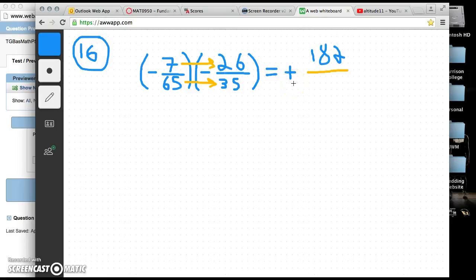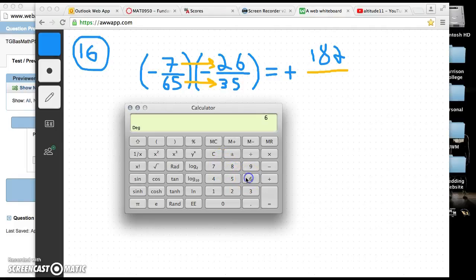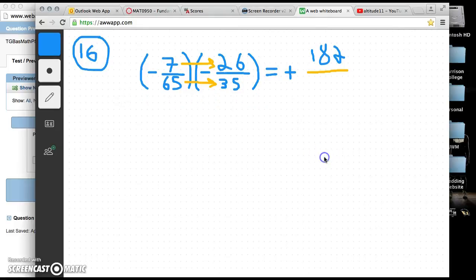And then similar idea in our denominator. We want to multiply our two denominators together. 65 times 35, and that is 2,275.